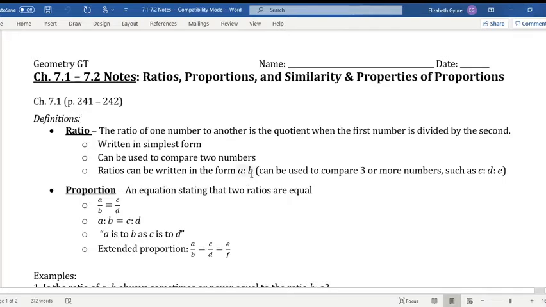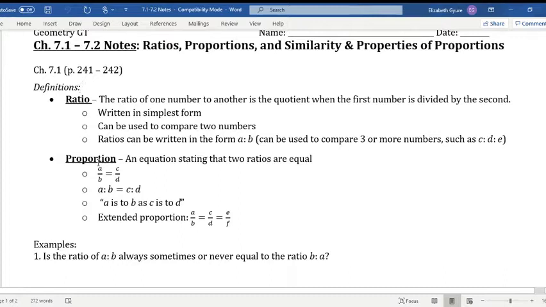So we can use the colon strategy if we're comparing 3 or more numbers, such as C:D:E. And this would be read as C to D to E. So that's the comparison of C to D, D to E, and C to E. But you wouldn't put a fraction with multiple things stacked on top of each other, so we use the colon format for that.